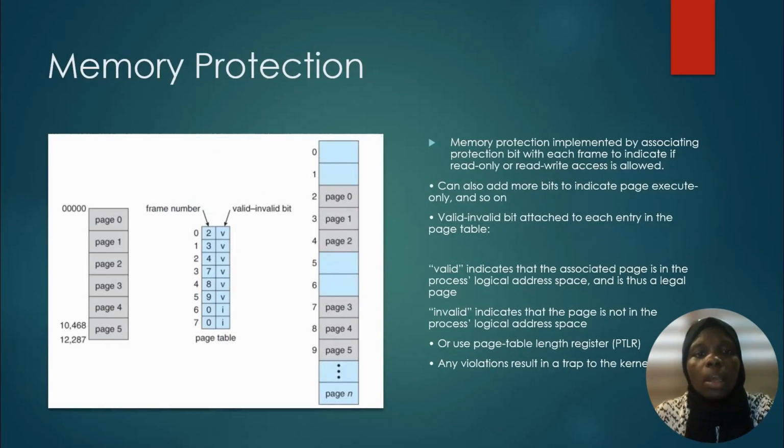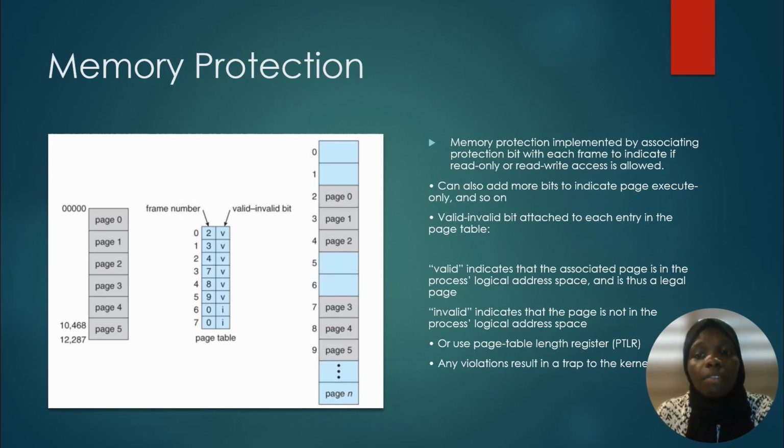Now, memory protection. Memory protection is implemented by associating protection bits with each frame to indicate if read-only or read-write access is allowed. Memory protection can also add more bits to indicate page execute only and so on. Valid-invalid bits are attached to each entry in the page table.